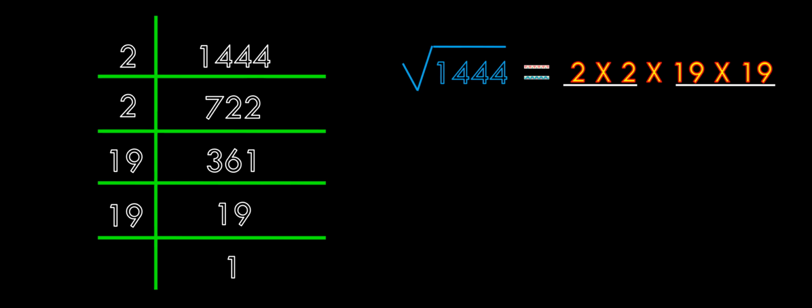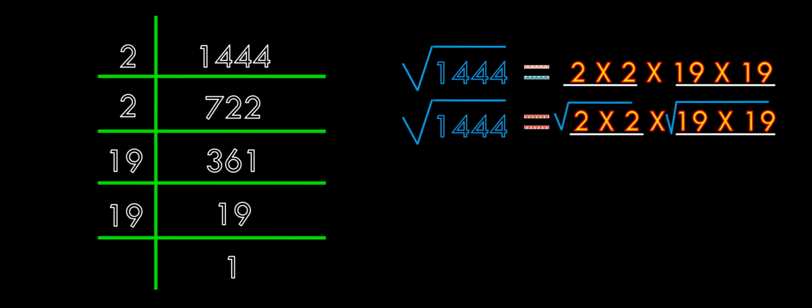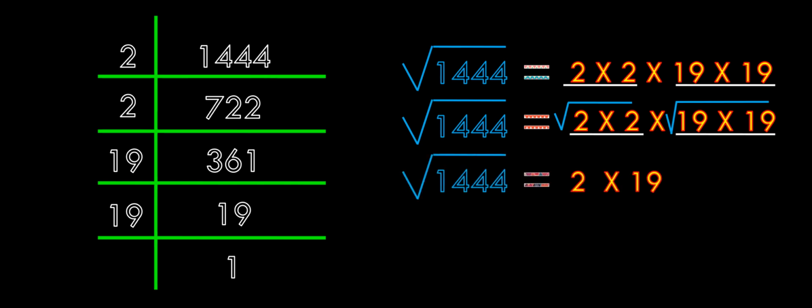Then, we will mark pairs of prime factors such that both the prime factors in each pair are equal. Then, we will write one factor from each pair. Then, we will find the product of the above factors. And we will get our answer. So, the square root of 1444 is 38.